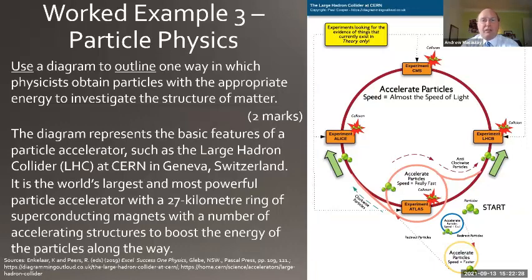So we're not looking for a detailed description of the latest that's happening at the Large Hadron Collider. We're just simply wanting to outline what is used to find evidence for investigating these fundamental particles of matter.